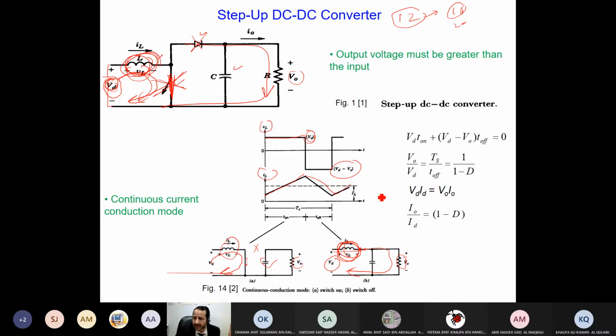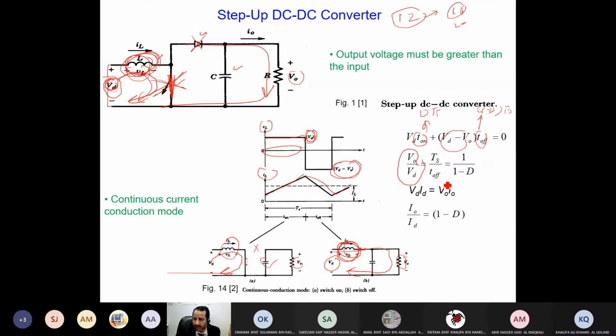Similar to the discussion of how we derive a formula for output to input, we do the same. This VD at time T on, and VD minus VO at T off. And since T on is dTs and T off is 1 minus d times Ts, I can substitute, simplify, and I come up with this formula.